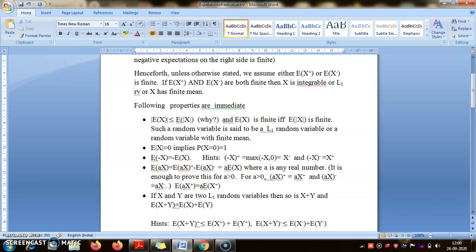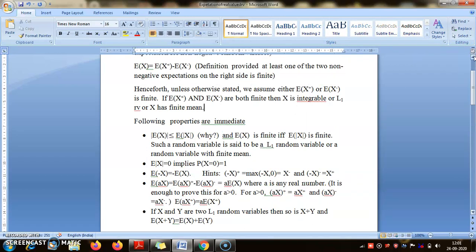When both of these are finite, then we say x is integrable or L1, or it has a finite mean. Why? Because then the expectation of x is the difference of these two positive numbers. Now it may be positive or negative, that is another story. When both of these are finite, the expectation of mod x is also finite, and the expectation of x is also finite.